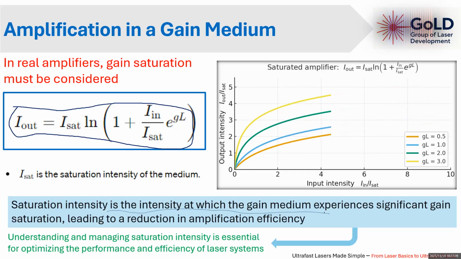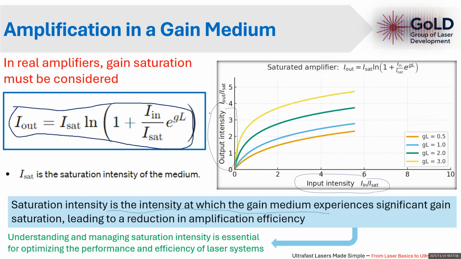Managing saturation intensity is essential to understand, so that is why this equation is important. If you see the plots on the right side, you have input intensity on the log x-axis, and here they have output intensity, I out over I sat, and I in over I sat.